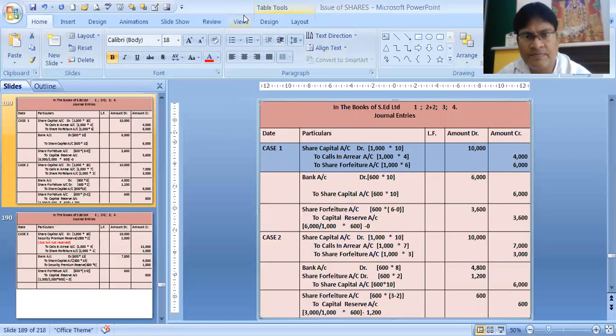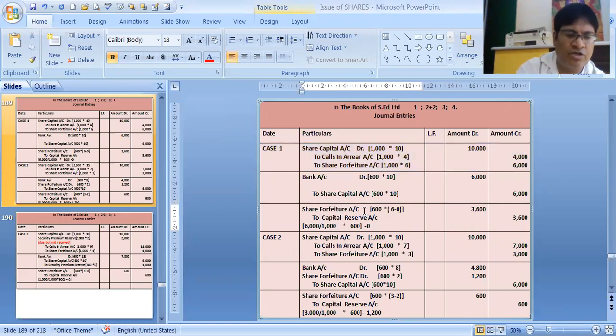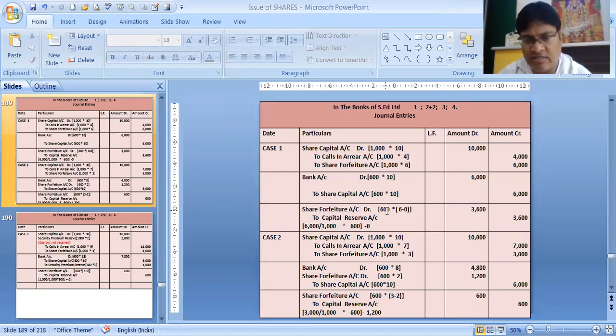In this sum there is hardly any debit. There is no debit in share forfeiture, and that is why this is written as share forfeiture account debit to capital reserve. So it is share forfeiture to capital reserve. This is our case 1's journal entries.